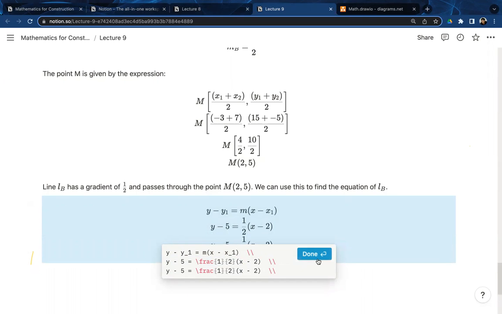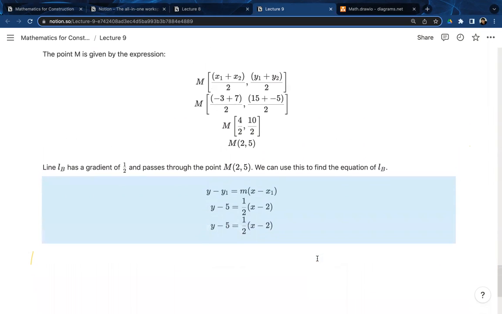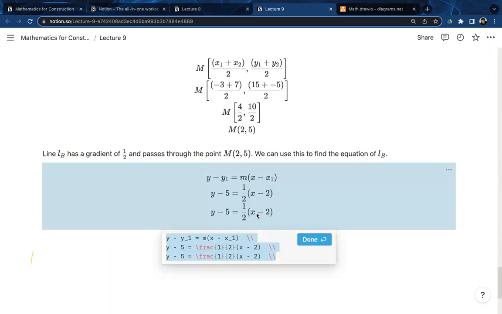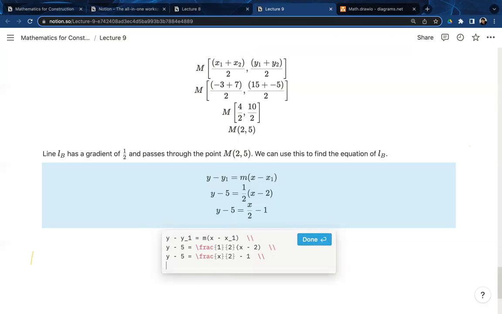A half by x is x over 2, right? And a half by negative 2 is minus 1, right? And then I could simplify this.